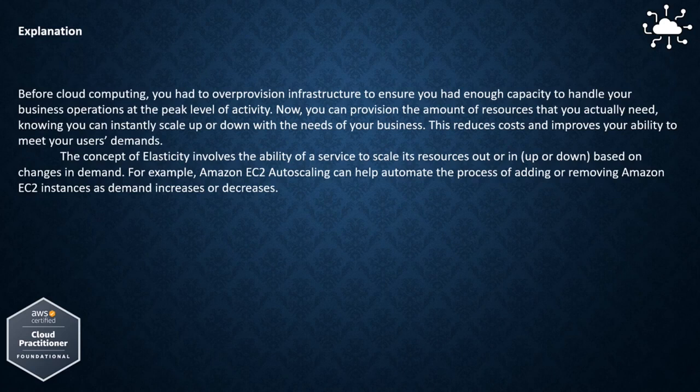This reduces costs and improves your ability to meet your users' demands. The concept of elasticity involves the ability of a service to scale its resources out or in, up or down, based on changes in demand. For example, Amazon EC2 Auto Scaling can help automate the process of adding or removing Amazon EC2 instances as demand increases or decreases.